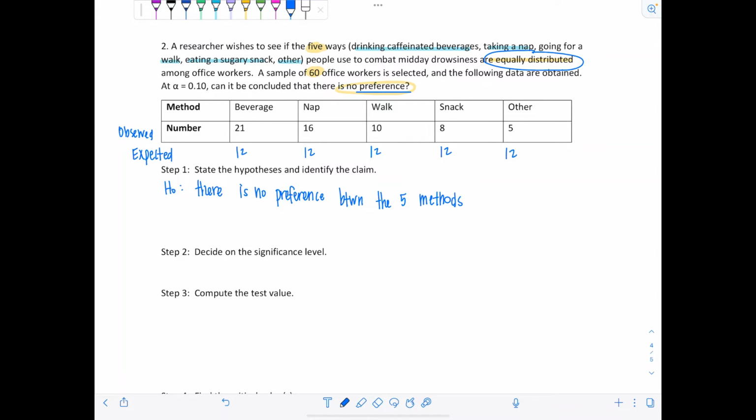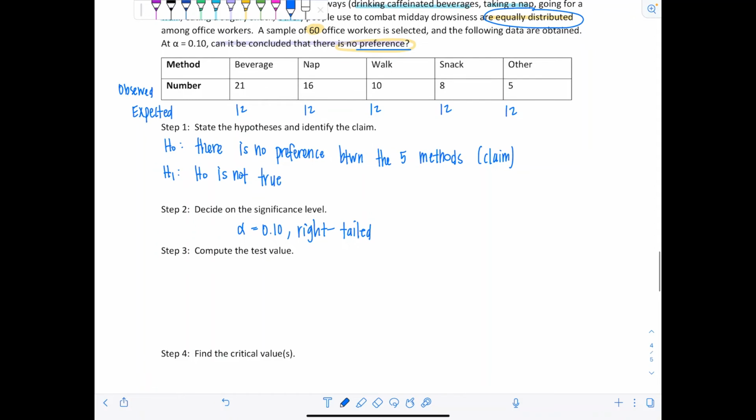And then the alternative, you can just say H naught is not true. Where's the claim? It's in the null this time, because it's asking, can it be concluded that there is no preference? So claim is in the null. Okay, decide on the significance level. They told me alpha is 0.10. This is a right-tailed test.